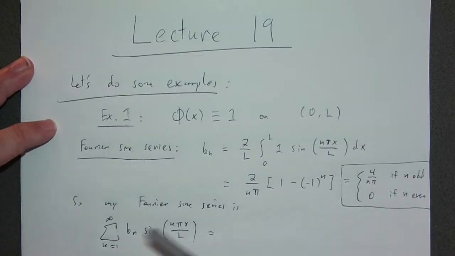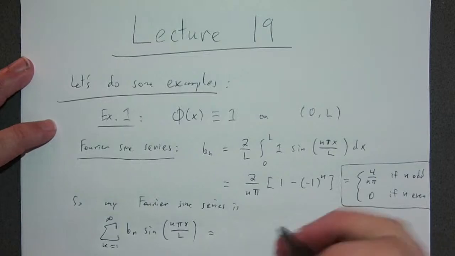So it's a sum over odd terms, and when it's odd, each of these coefficients is 4 over n pi, so the 4 over pi can be factored out.